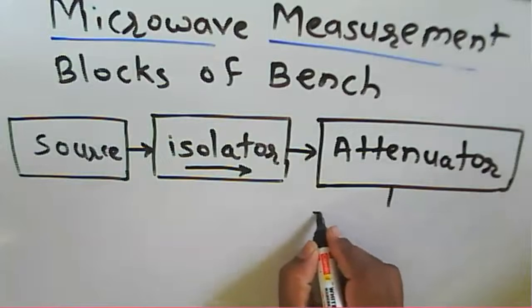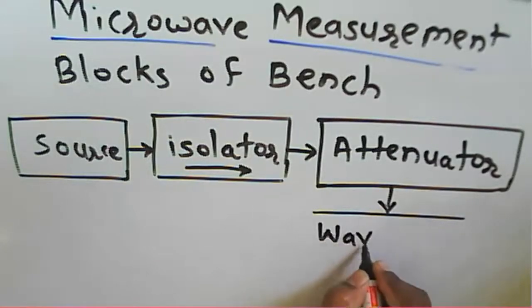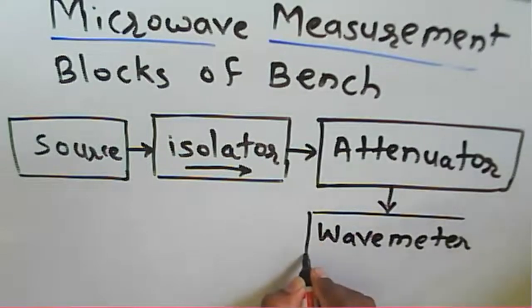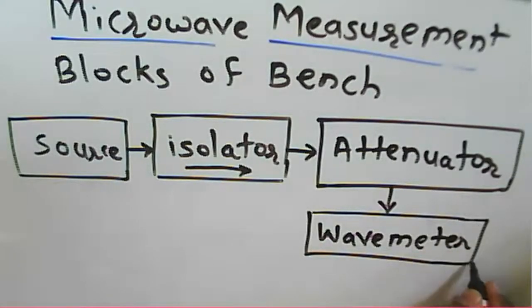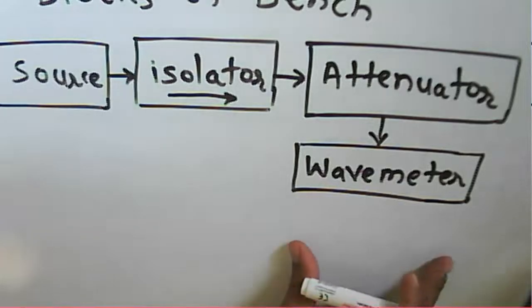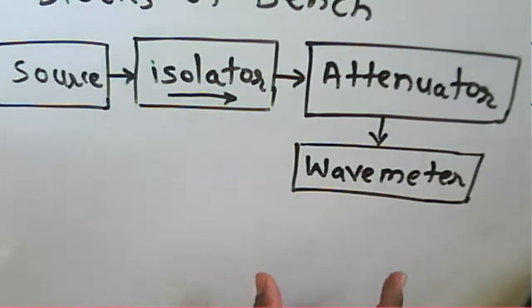Then we need to know what signal is being transmitted through the device, so we should know the frequency of the microwave signal. That's why we use a wave meter. A wave meter is nothing but a device that measures the frequency of a microwave signal.